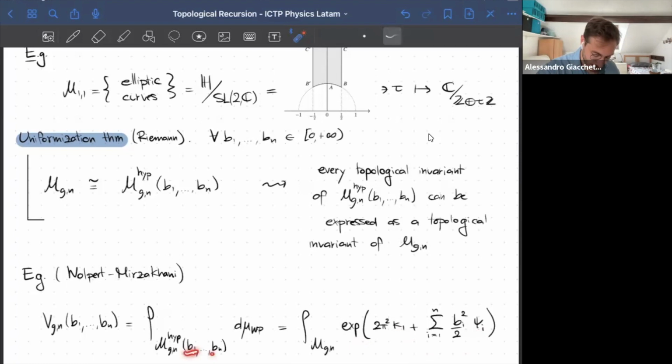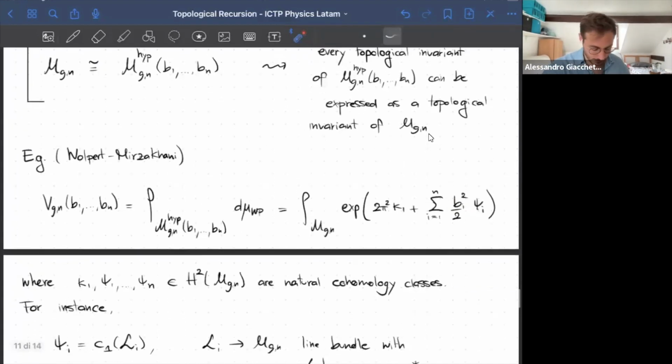And the boundary lengths here appear essentially as coefficients of these psi classes. So as I said, this kappa 1 and psi 1 up to psi n are some very specific cohomology classes of degree 2 on the moduli space of curves.